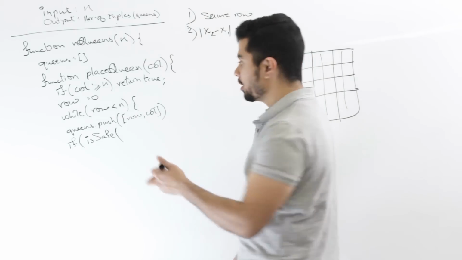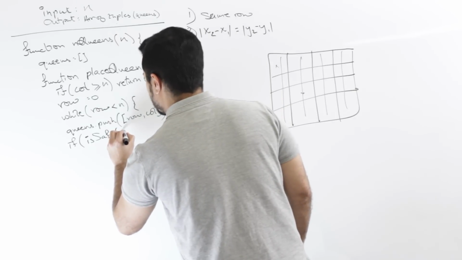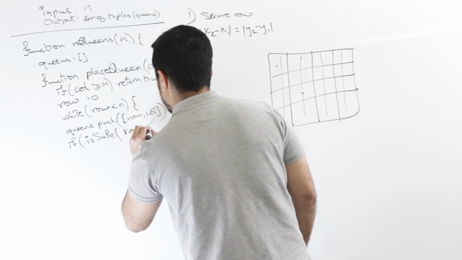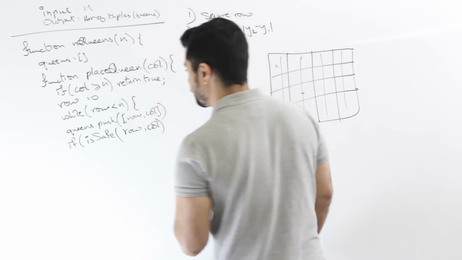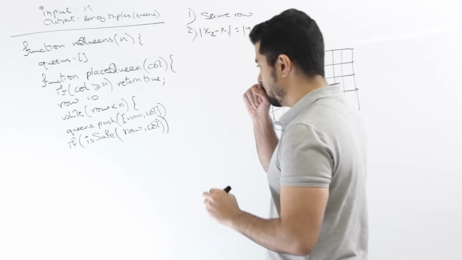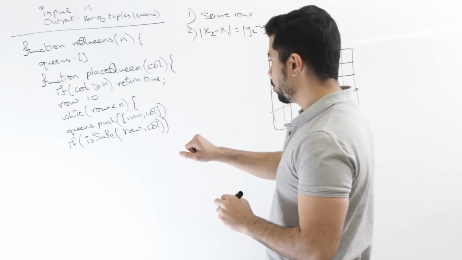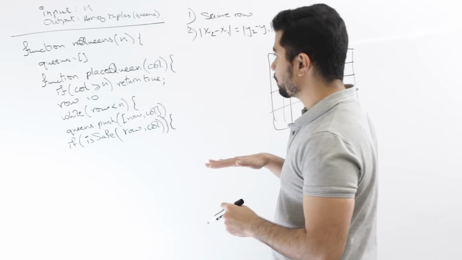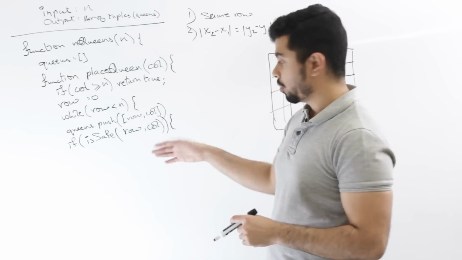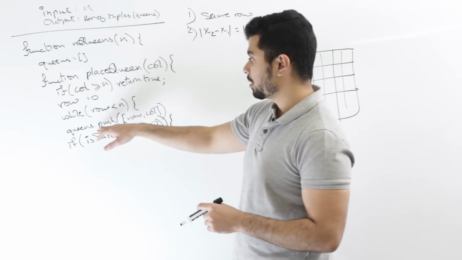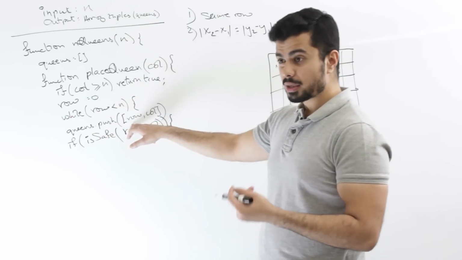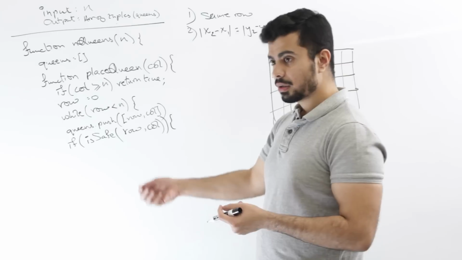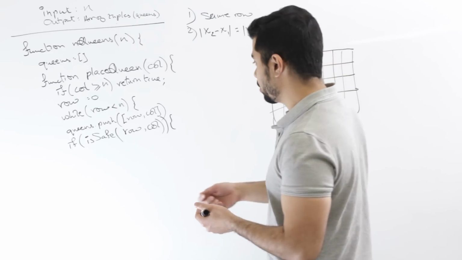Okay. All right. So let me give it the row and the column. All right. So if this is true, then what do we do? Then we recurse. So this basically means that, hey, the thing that we pushed over here, it worked out. Yeah. Right. Move to next column. So we can move to the next column.